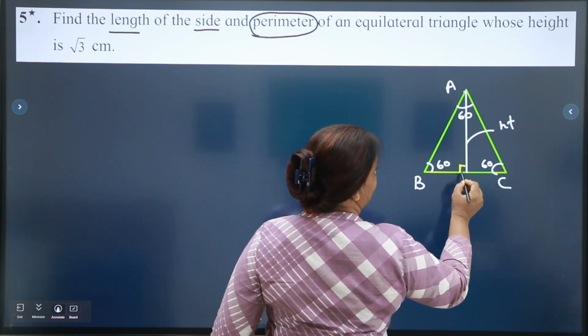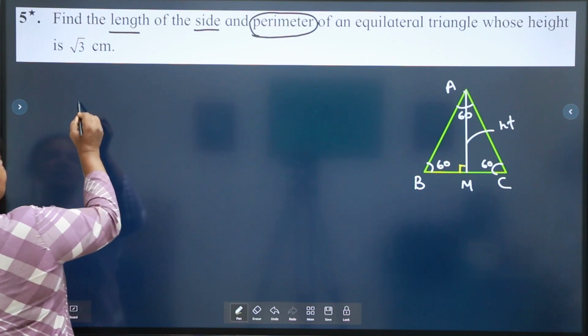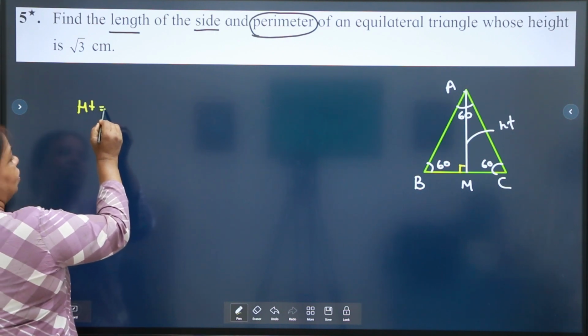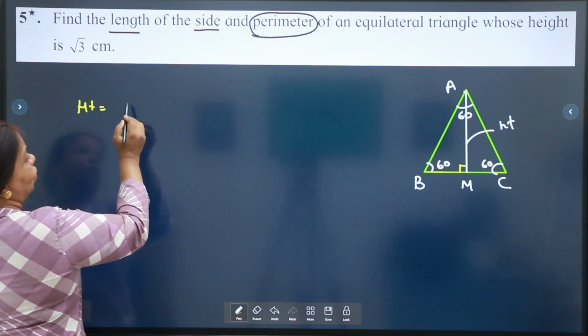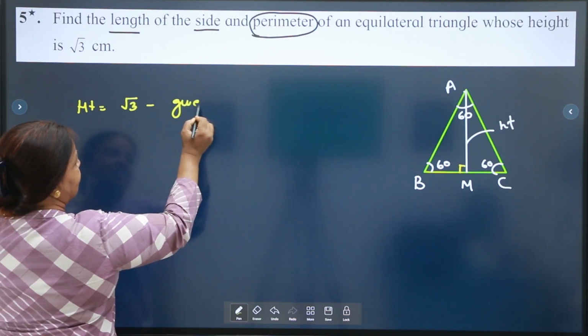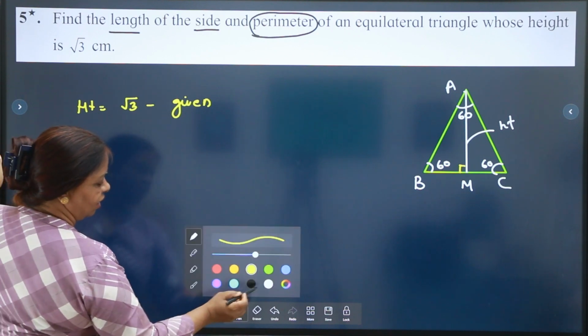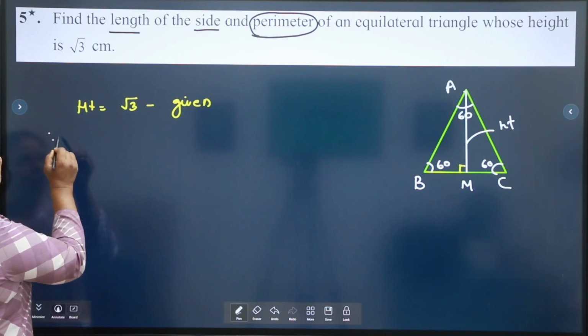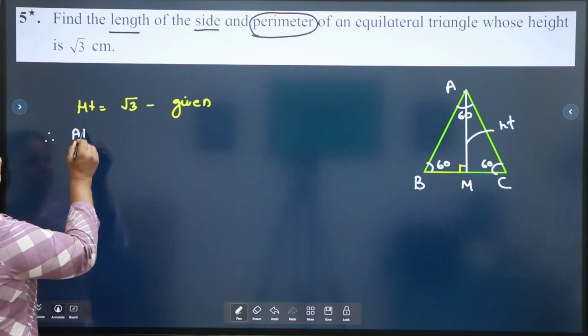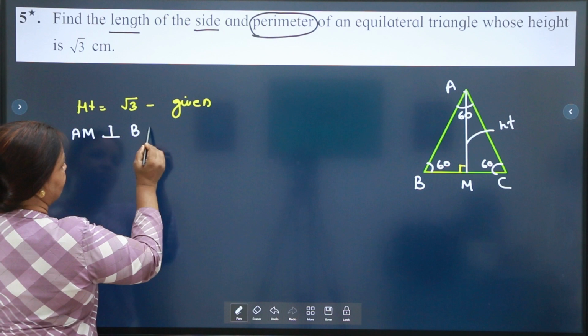AM will be perpendicular to BC. So we can say here height is equal to root 3, and as it is height, it will be perpendicular, and therefore AM is perpendicular to BC.